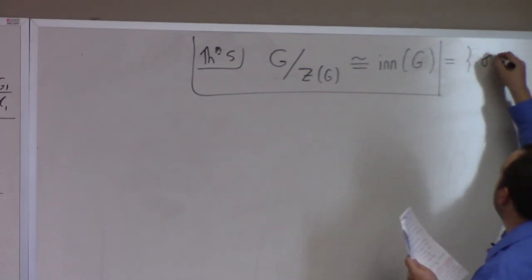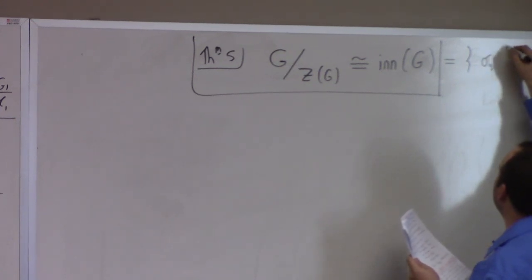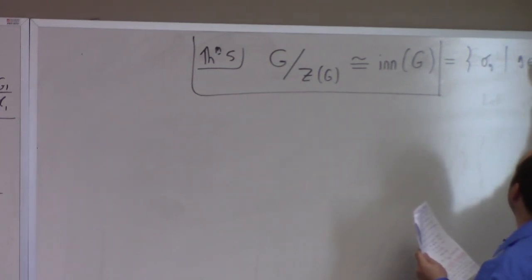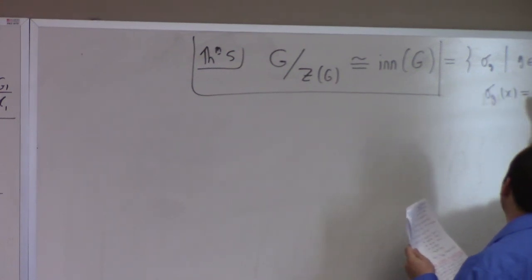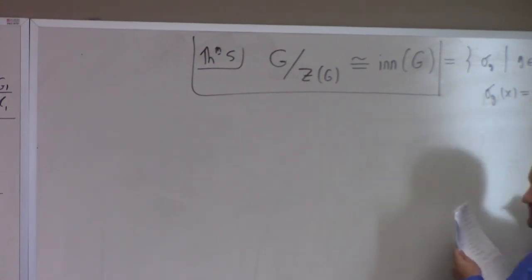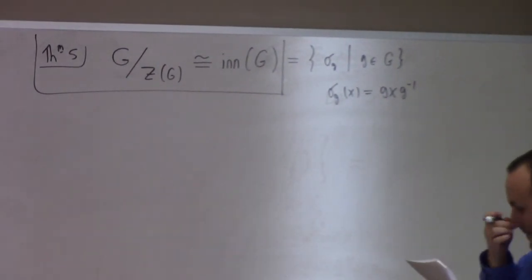They're sigma g, where g is an element of G. And here sigma g means, our notation was, g x g inverse. Check it out, I put the g inverse on the right side today, woohoo! All right, small victories.